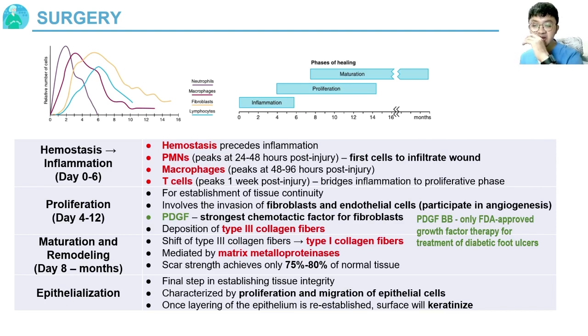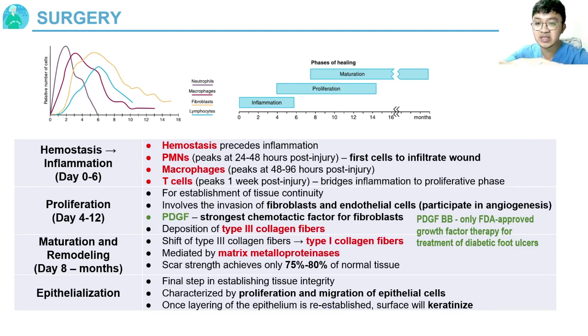After the phase of proliferation, you have your maturation or remodeling phase. So when you mature, you try to shift the collagen bed to a more mature collagen bed. From a type 3 collagen, you're going to convert it into a type 1 collagen. When type 1 collagen is first laid, of course, it's haphazard, it's not really in its final state. Your body will try to realign the collagen according to the stresses and tensile pressures that are exerted upon that area.